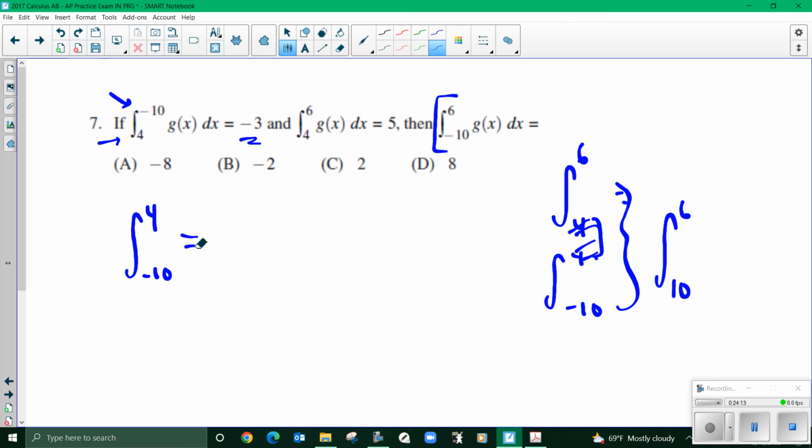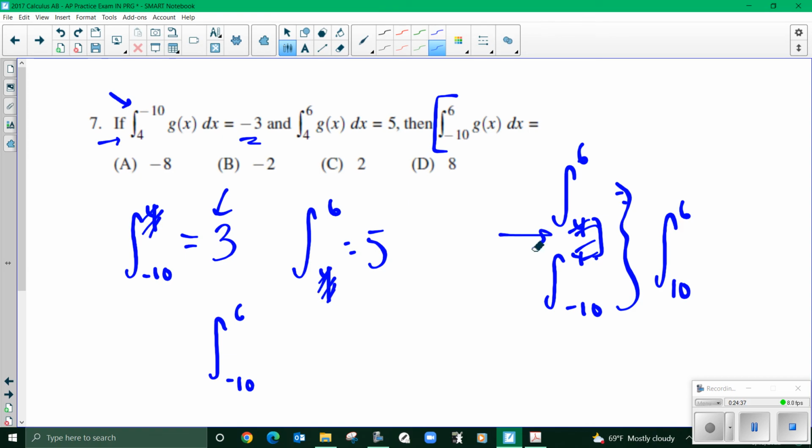So instead of being a -3, it would turn into a +3. So flipping bounds negates my -3 to +3. Now the integration from 6 to 4, well, that's 5. So all I got to do is add these. Now the integration from -10 to 6, right? Because this upper bound is going to touch this lower bound here. We basically have now this was 5, and now this was 3.